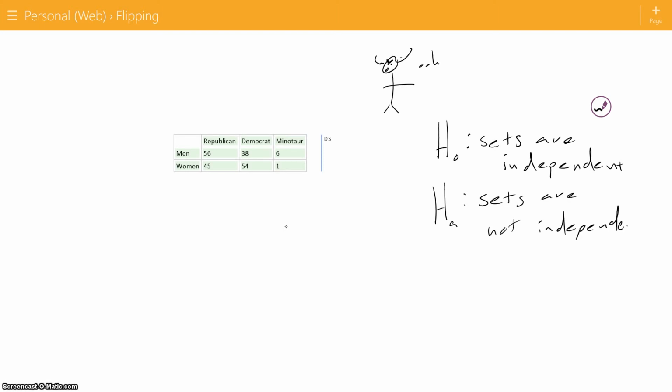So in this case, the first thing we should do is come up with an alternative and null hypothesis for this data set. My null hypothesis is going to be about two things being independent here. The sets, I've got voting and I've got gender. So I would say that voting, or voting records quite technically, is independent of gender.